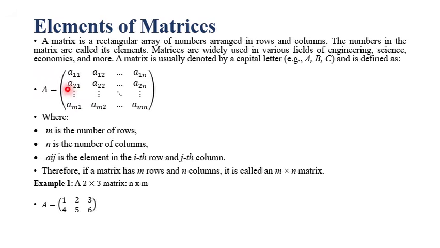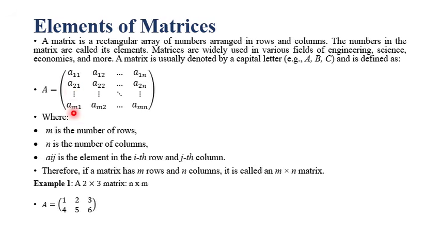So this element is found in row 2, of course, and column 1. So kindly take note of the fact that the row is usually the first written in the subscripts. So you represent this element as row 2 first.